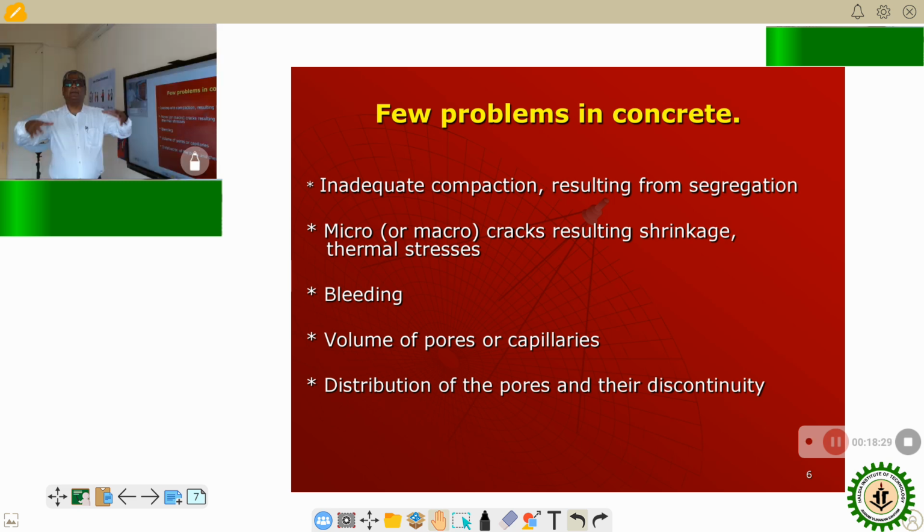If there are heaps of concrete and the water is coming out of this concrete, it is not good, because the water you have added for some purpose, if it is coming out, the purpose is lost. And distribution of pores and viscosity, which I was saying, that is very, very important from moisture movement point of view, and that's why we have to check the microstructure also.